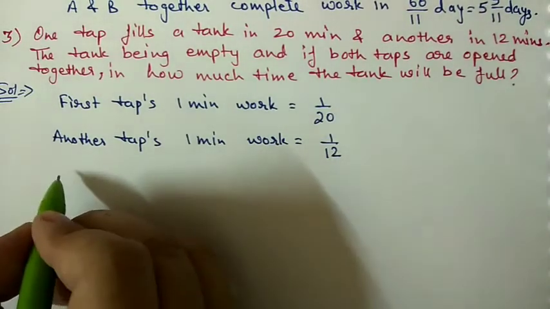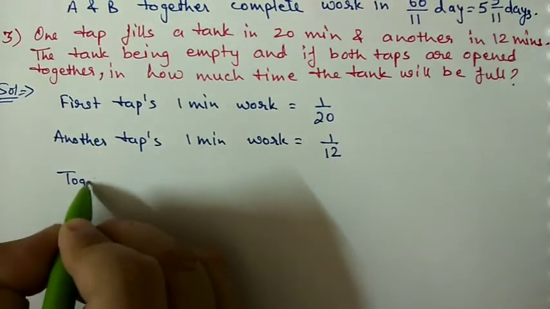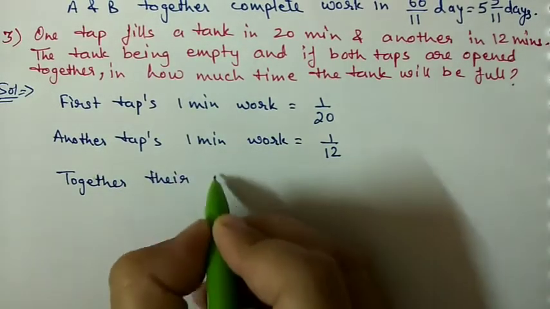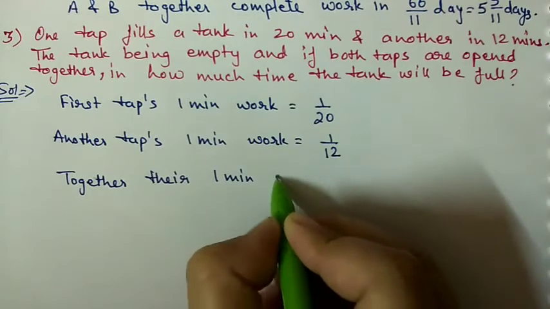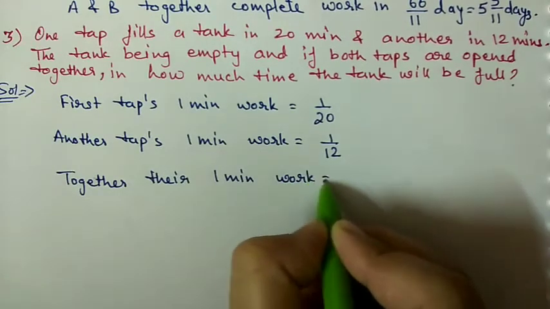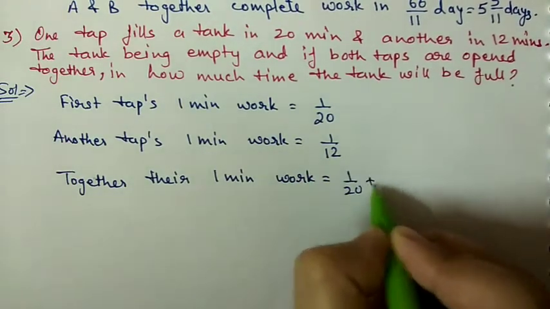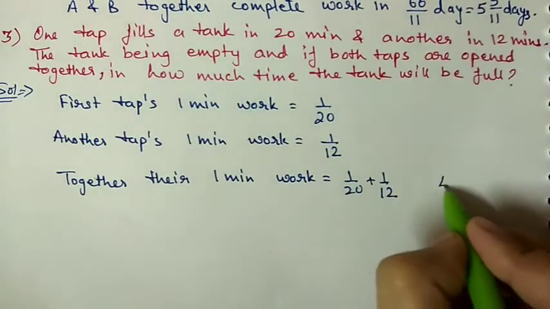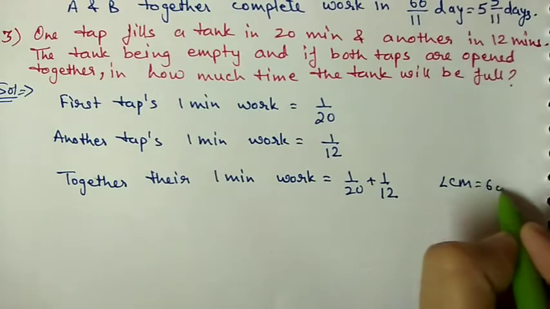Now together their work will be 1 by 20 plus 1 by 12. Then we have to take the LCM for 20 and 12. LCM will be here 60.